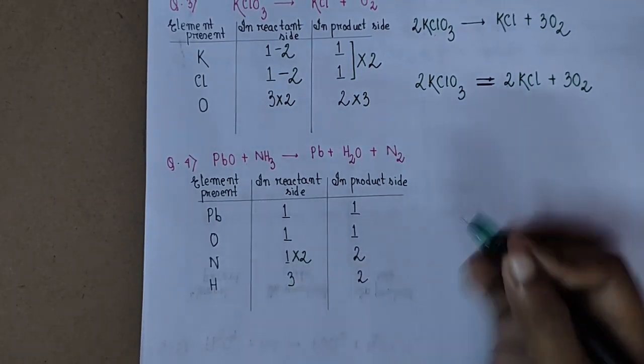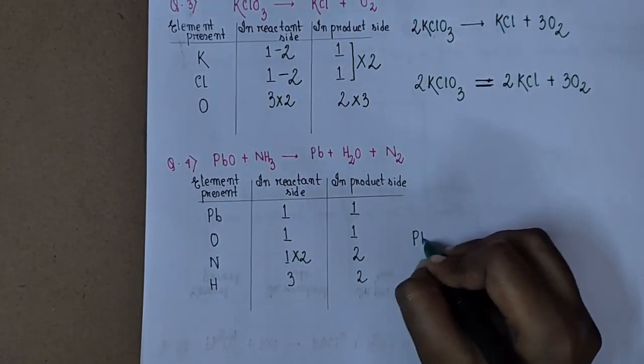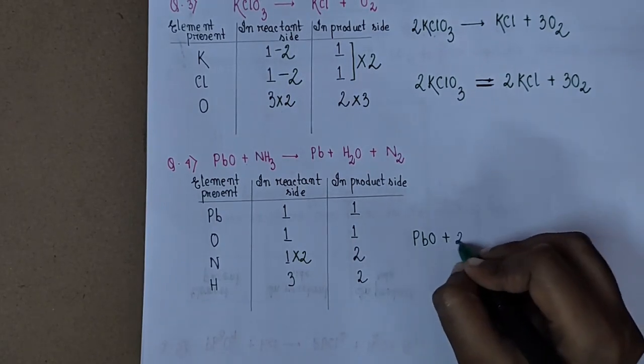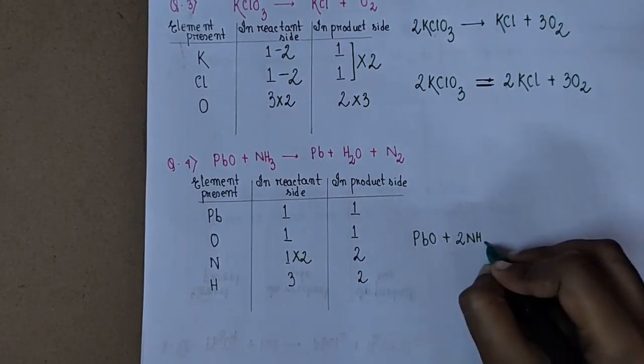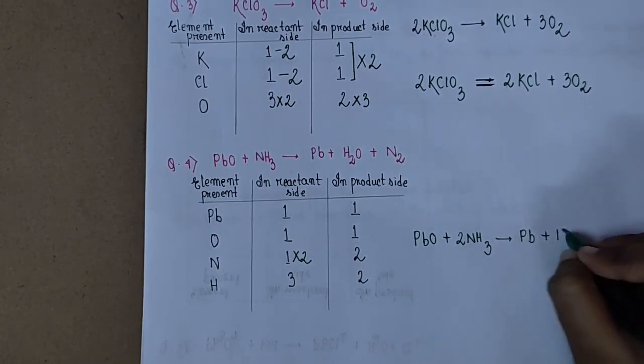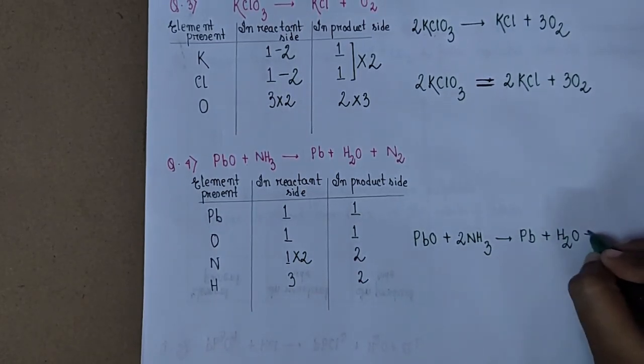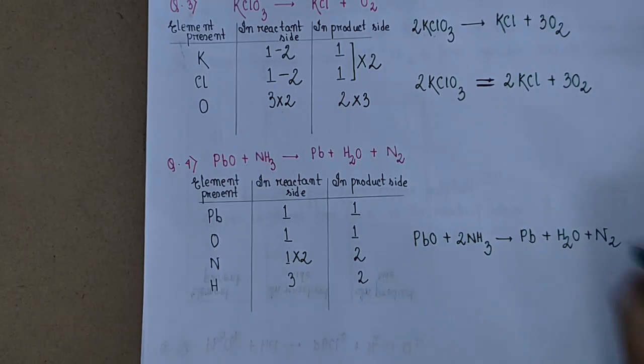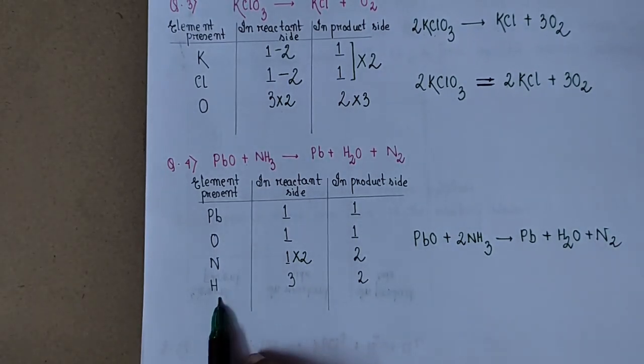So what should we get now? PbO plus 2NH3 gives us Pb plus H2O plus N2. Now nitrogen is balanced, but what about the hydrogen?